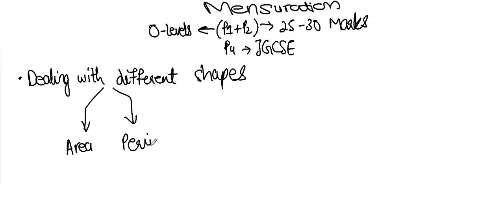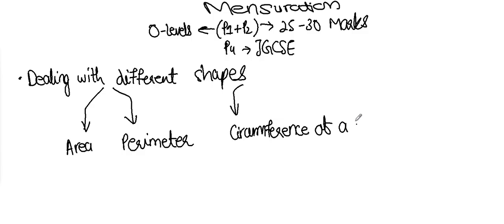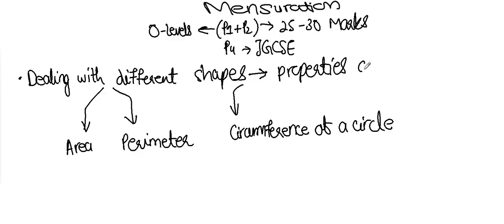These are two basic, general examples. In other cases, we might have to find the circumference of a circle. We should understand the properties of a circle, because a circle is quite different compared to the rest of the shapes.